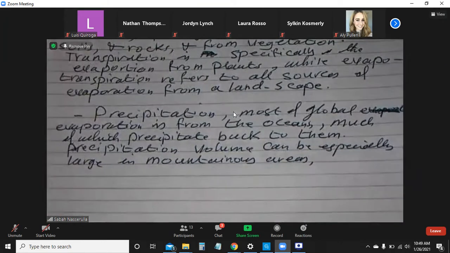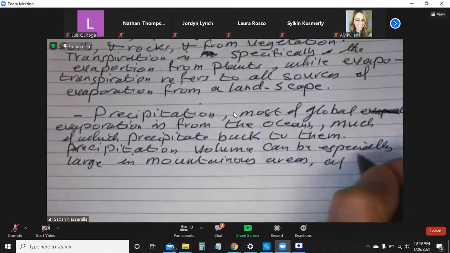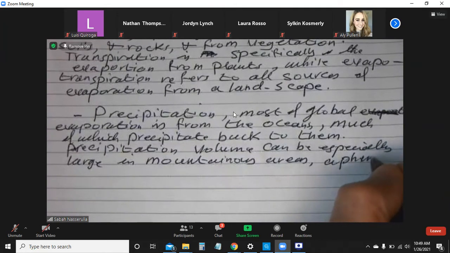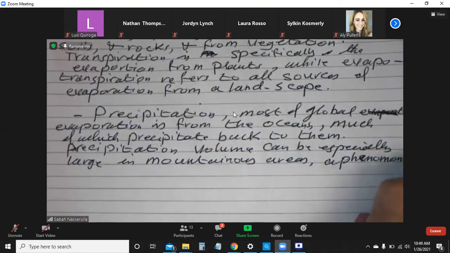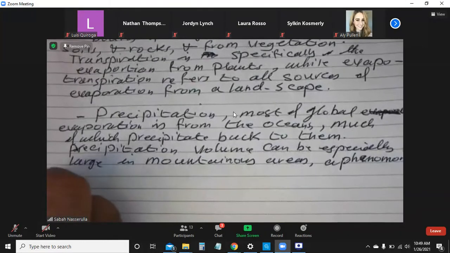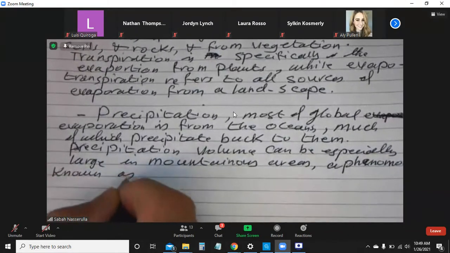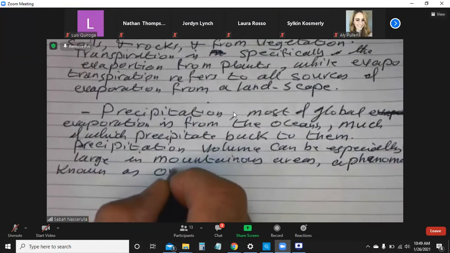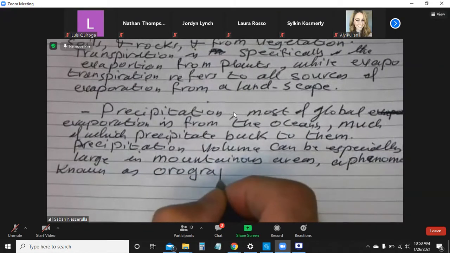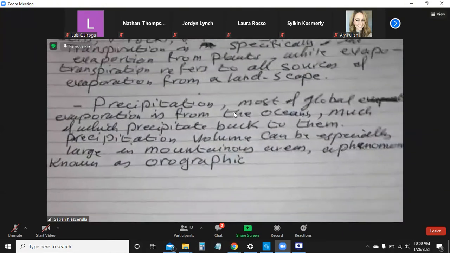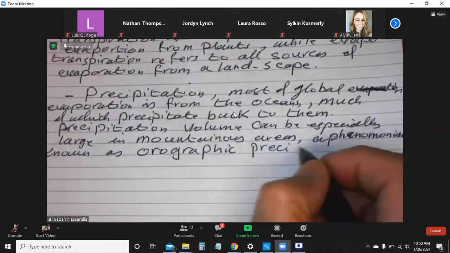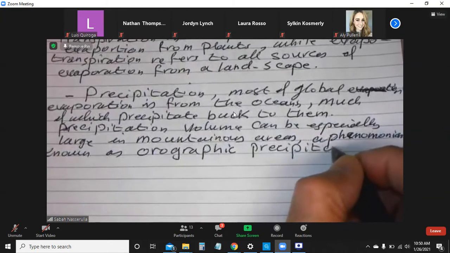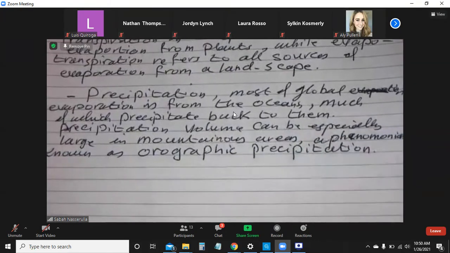This is a phenomenon known as orographic precipitation.